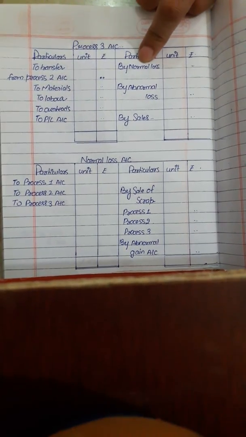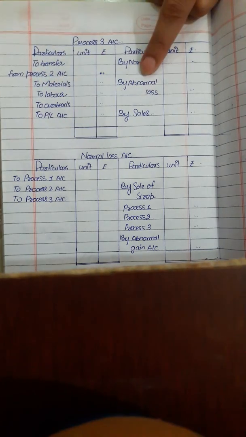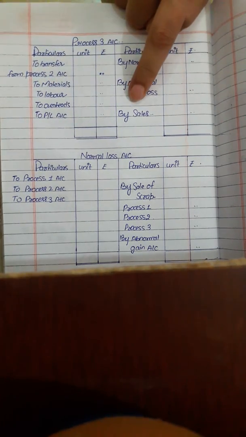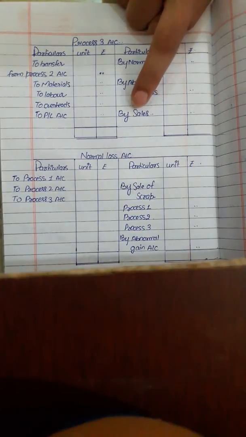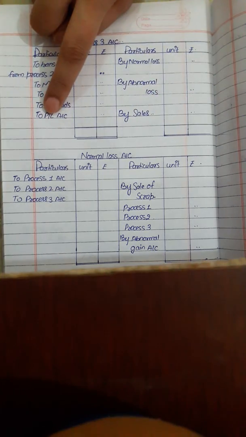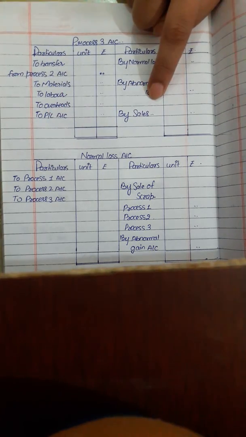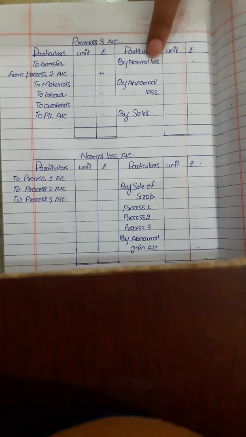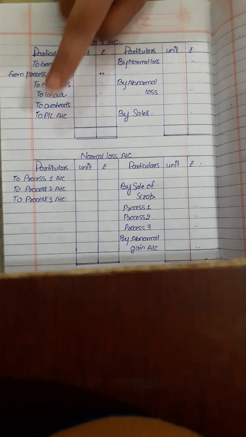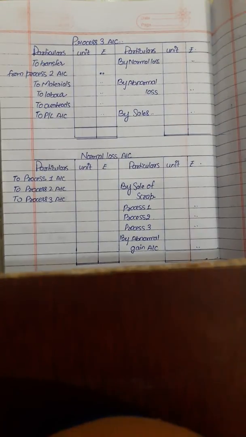After that your normal loss will be written here, and if there is abnormal gain it will be written here, and abnormal loss will be written here. There will be no transfer. And if there are any sales, we'll write it as by sales here. And if there is any balancing figure, it will be written in the to P&L account or here by P&L account. It depends, wherever the balancing figure comes, we'll write it in the P&L account. We'll see the calculations when we do a question based on process costing. So you just understand the format right now. Don't think about the calculations.